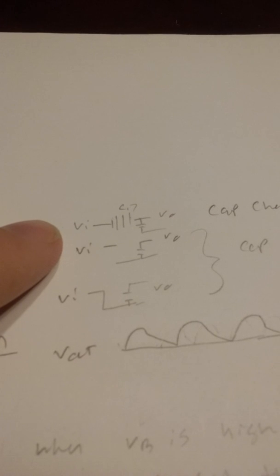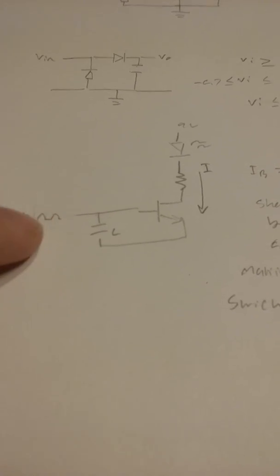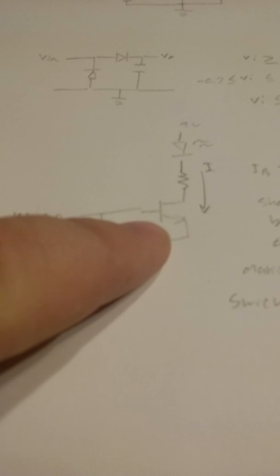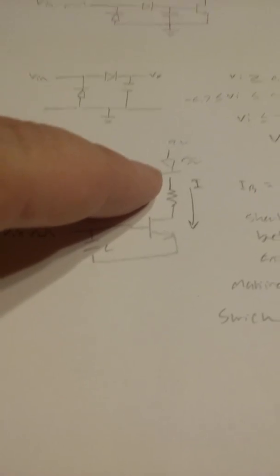So this V in is positive, it charges the capacitor. As V in is low and negative, the capacitor will discharge, giving us kind of a sawtooth look. And when the transistor is on, it will allow current to pass through, turning this LED on.